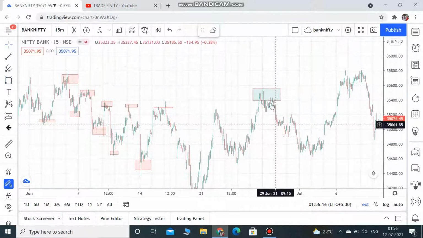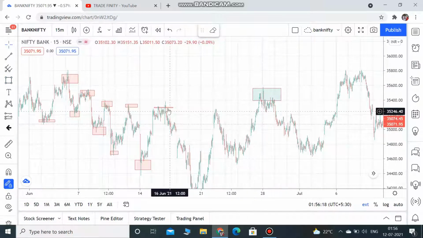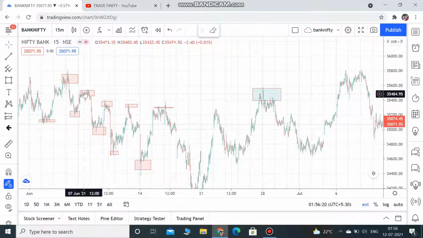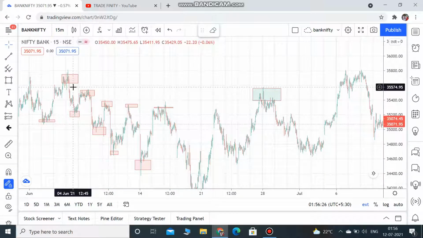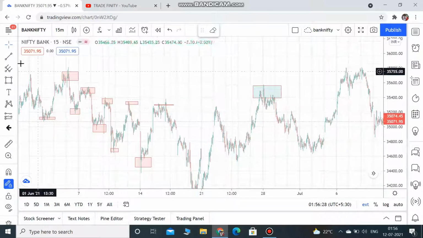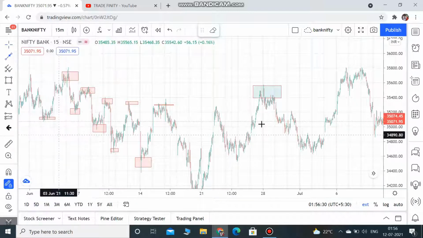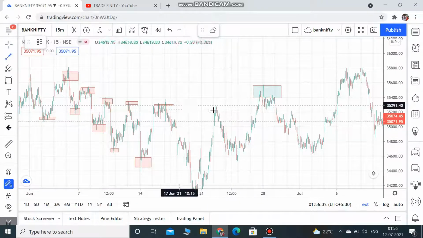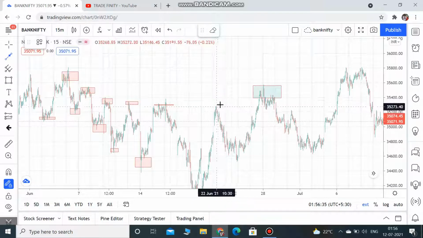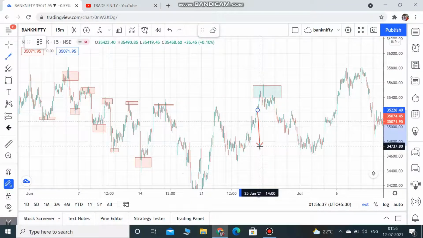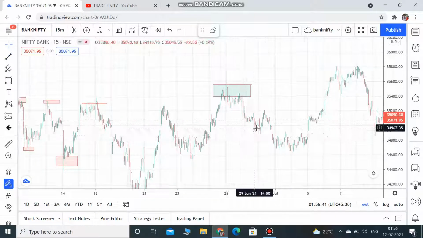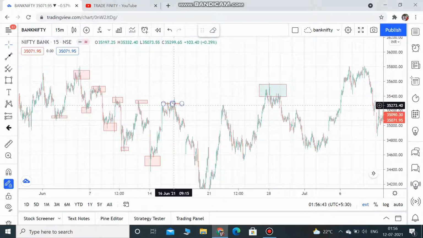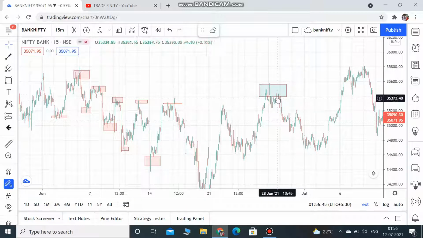This is the place where it has broken 1, 2, 3, 4, 5 resistance. This particular zone, it has broken all this resistance. So you would be expecting or thinking to short at this position. If this was a good resistance, you wanted to short here, right? But here you were unsuccessful. This is where it has broken 1, 2, 3, 4, all the resistance.